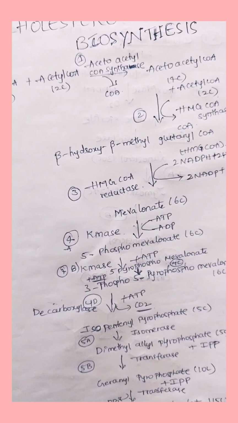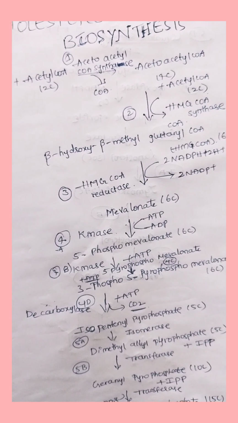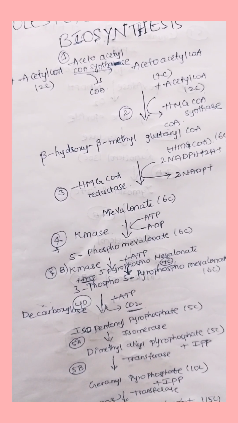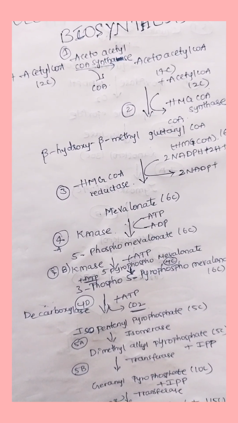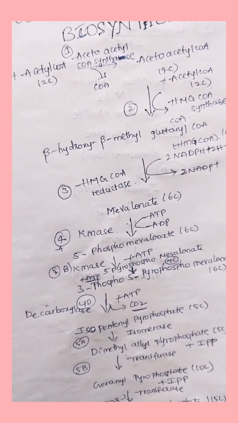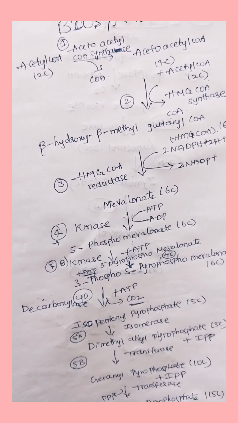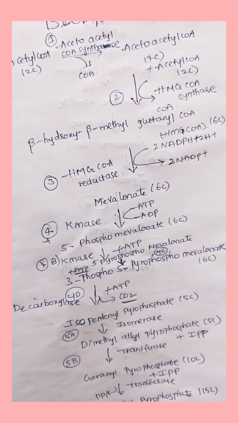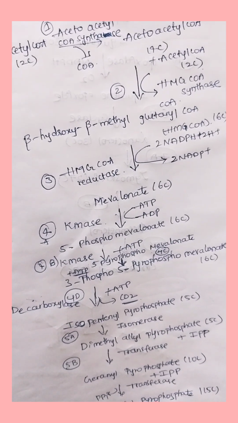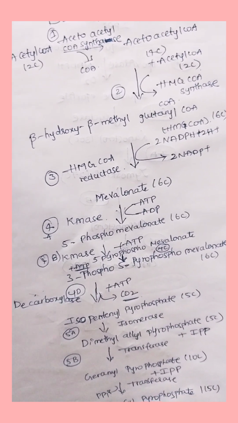This acetoacetyl CoA will again combine with acetyl CoA in the presence of HMG CoA synthase. So our product is HMG CoA, which is known as beta hydroxy beta methyl glutaryl CoA. Our third step is reduction. In the presence of HMG CoA reductase, we get mevalonate, which is a 6 carbon compound like HMG CoA.